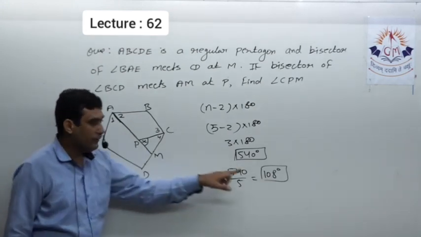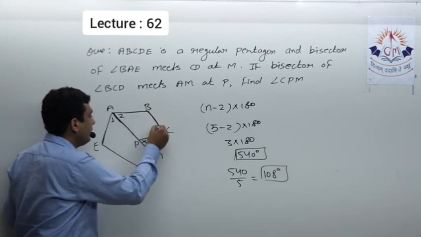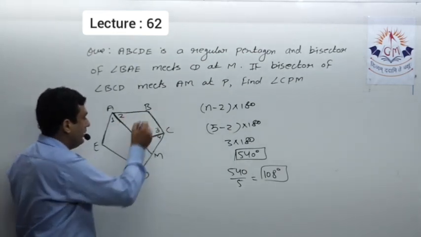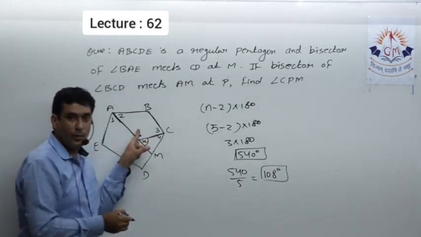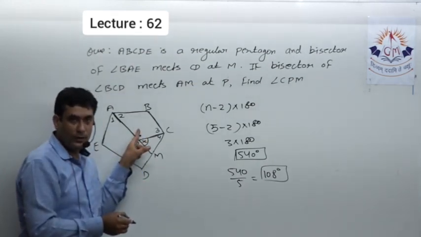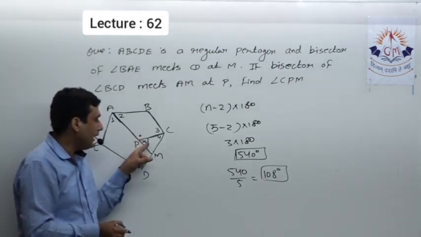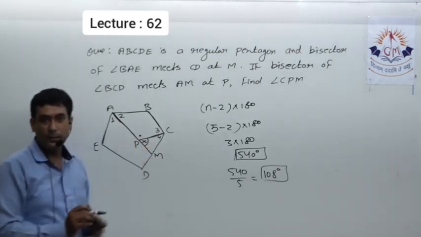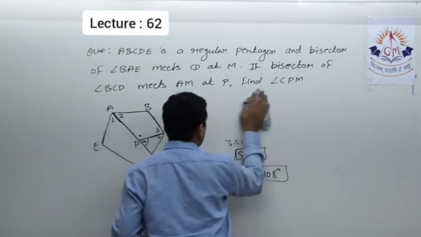Angle B is 108 degrees. In this particular quadrilateral, I have the measures of 2, 3 and B, so I will be able to get the measure of this angle with the help of the angle sum property of a quadrilateral. As soon as I get that, I will be able to get the measure of x by linear pair. Now let us see its solution in short.